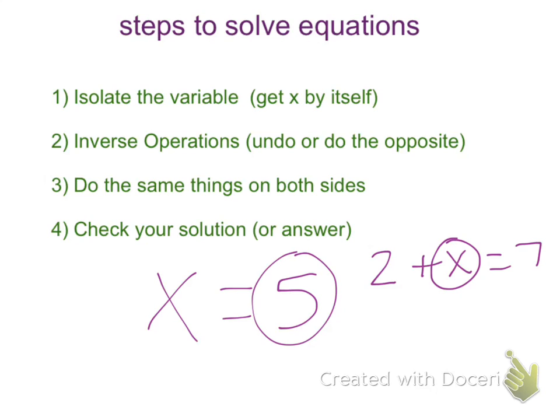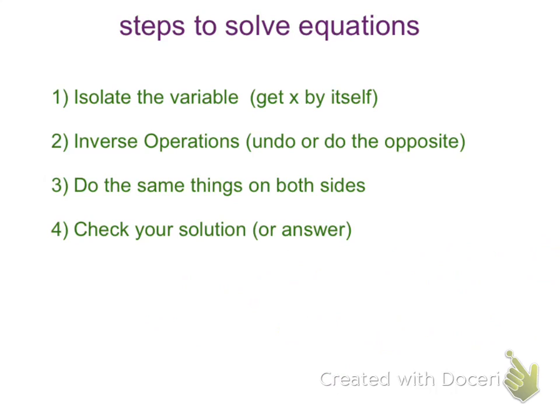So instead of x, you're going to have 2 plus 5, and we know 2 plus 5 equals 7. And that's what it should be in my problem. So check, you did it right. You checked your solution. So those are the 4 steps that you have to follow in order to solve equations. So hopefully you have those written down. If not, pause it to finish up, and then we're going to go on to do a problem.